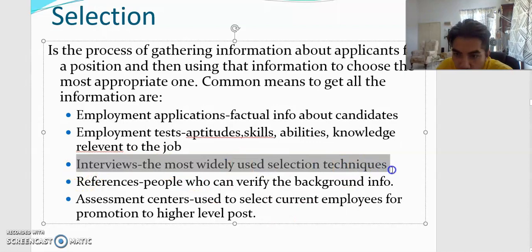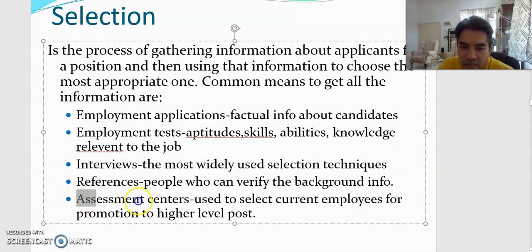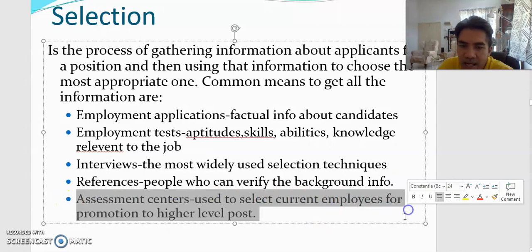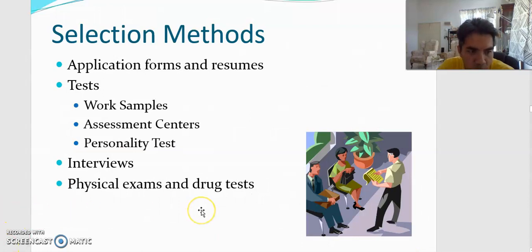And then interviews are the final decision in the selection techniques. And then sometimes we do reference checking. And then assessment centers are used to select current employees to be promoted to a higher level position. So these are some of the selection methods that are usually conducted by the organization.